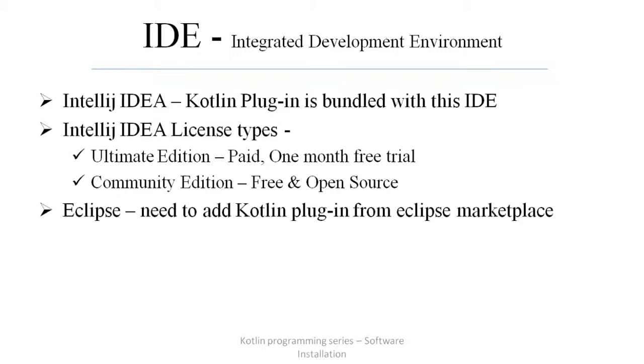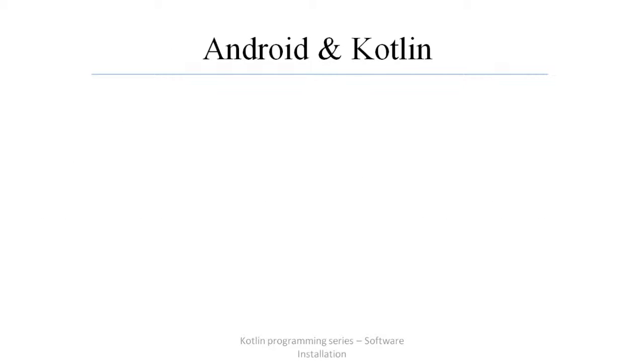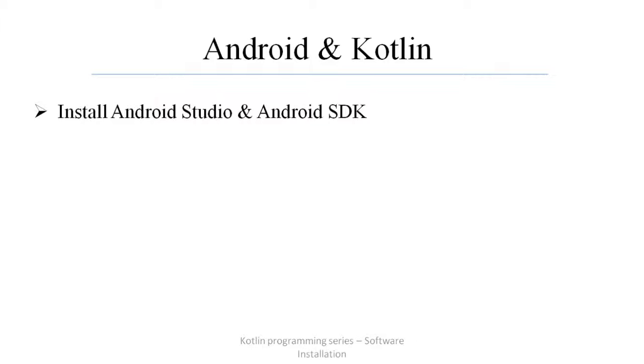The next point, if you are an Android developer and you want to develop Android application based on Kotlin language, then you have to install Android Studio and Android SDK. Yes, Java is required for Android application development, and we have already seen how to install the Java. Then install Android Studio and Android SDK. Both of these things can be downloaded from developer.android.com.